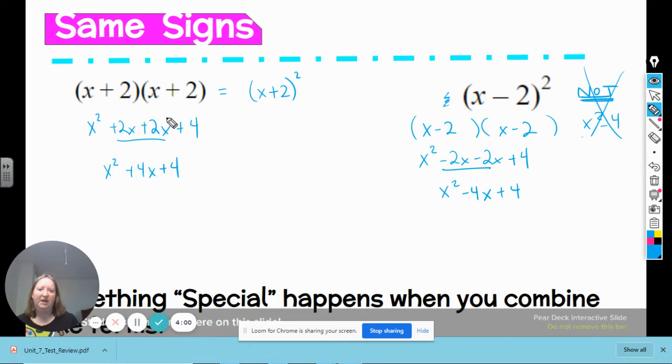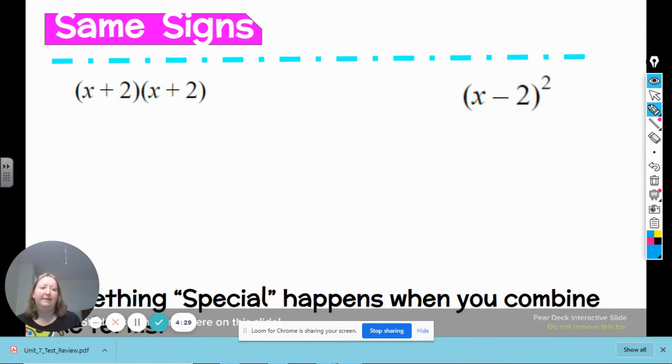We had two positives and ended up with this; we had a negative and ended up with that. That was the only thing that's different. Whenever you have the exact same binomial, you do end up with 3 terms. That special thing where it cancels itself out only happens if they're opposite signs. This is same sign, and this is same sign.